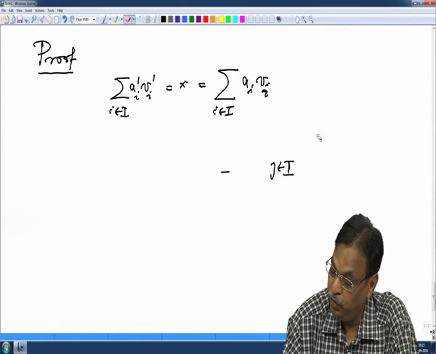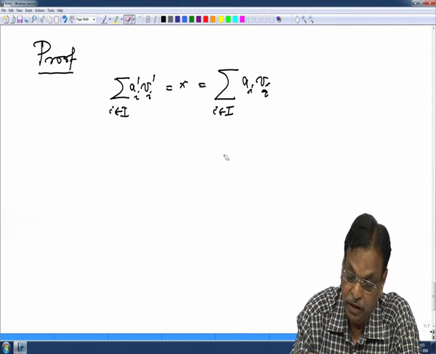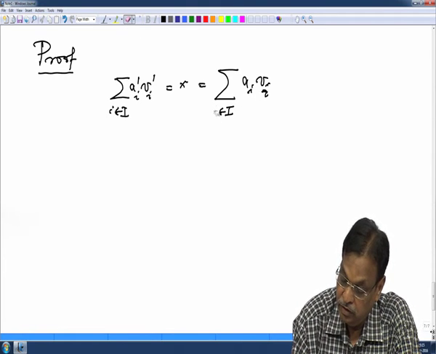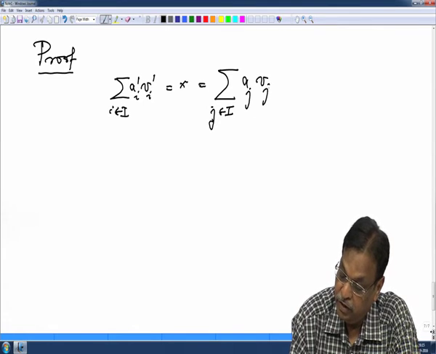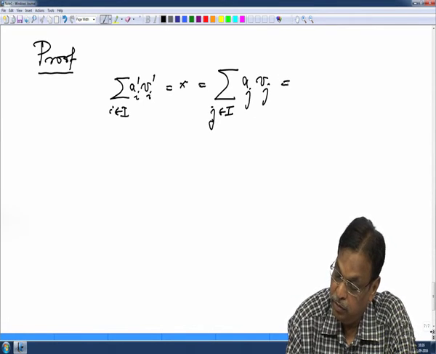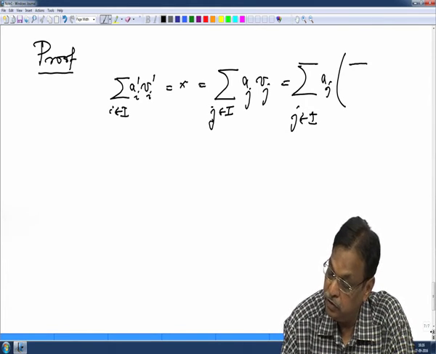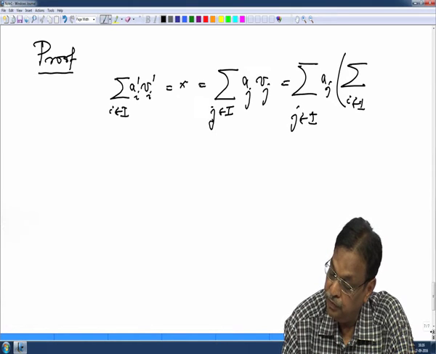So we do exactly what we have done. For that I have to change this index. So this is summation j in I, a_j v_j, and v_j I am substituting, that will be summation j in I, a_j as it is, and then v_j is summation i in I, b_ij v_i prime.